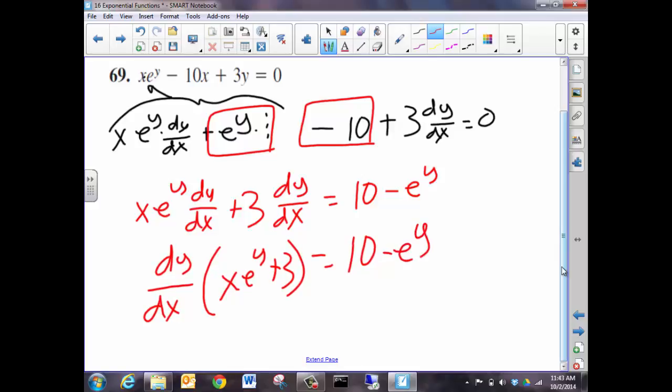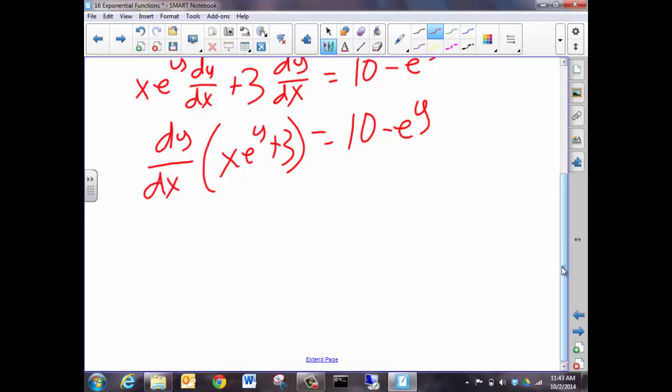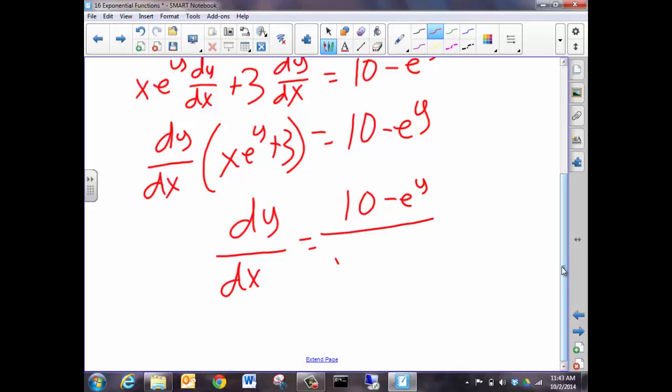And now how do I get dy over dx by its lonesome? Divide. Dy over dx equals 10 minus e to the y over x e to the y plus 3. That answer's there.